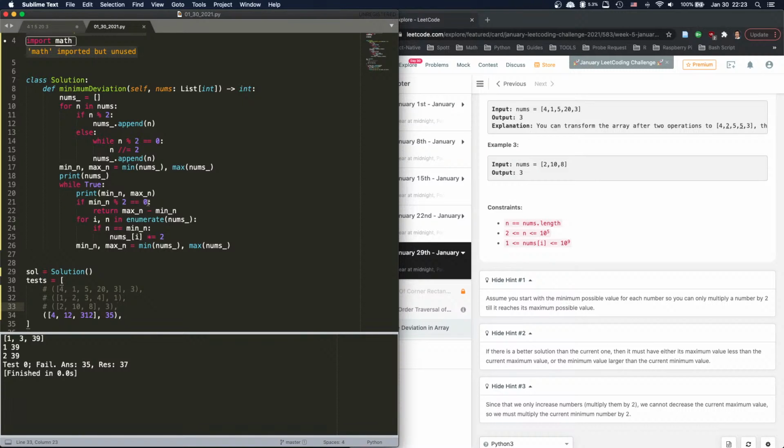That's correct. That's 3. 3, 6, and 12. So the smallest times 2, and then we're picking 2, 3. No, we can keep multiplying.